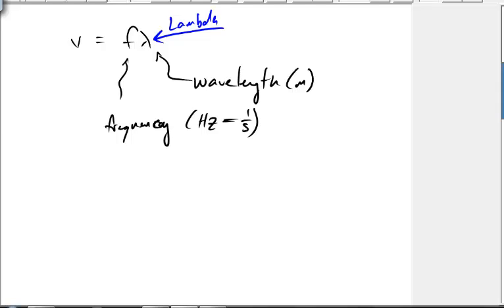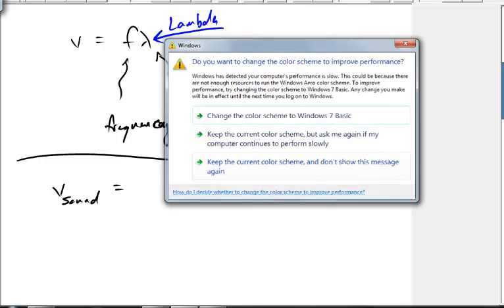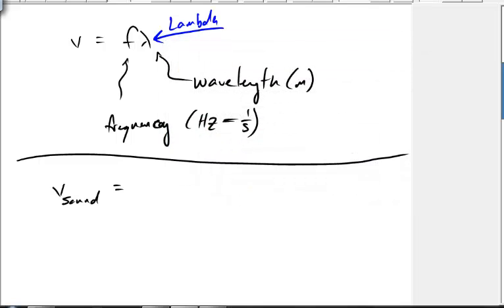So what I'd like to focus on to start is the speed of sound. One question I got in class a lot was, does the amplitude affect the speed of the wave? So does how much you moved the spring affect the speed?